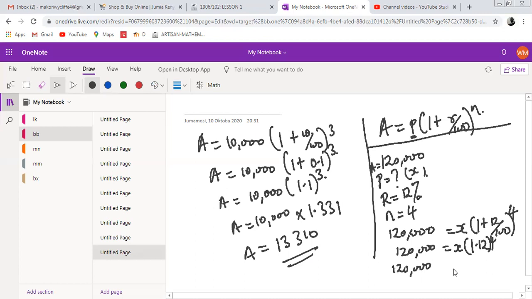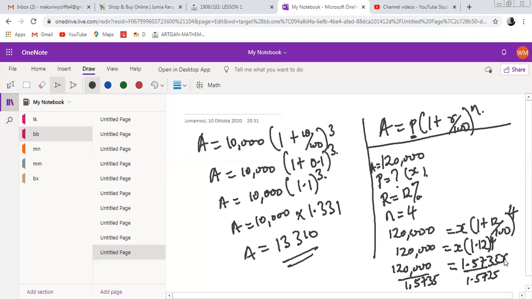So 120,000 is going to be equal to 1.5735x. If we divide both sides by 1.5735, we should be able to get our x.